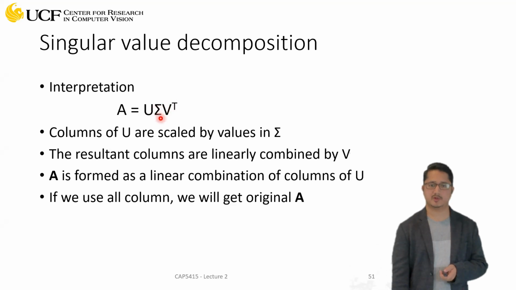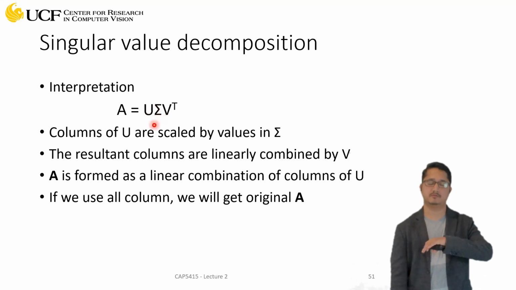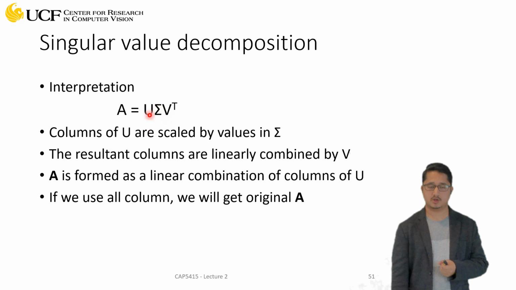Okay. So what's happening here is if we decompose A into these three matrices, and if we use the full matrices U, sigma, and V, we will be able to reconstruct the full A. But what if we try to trim these matrices?